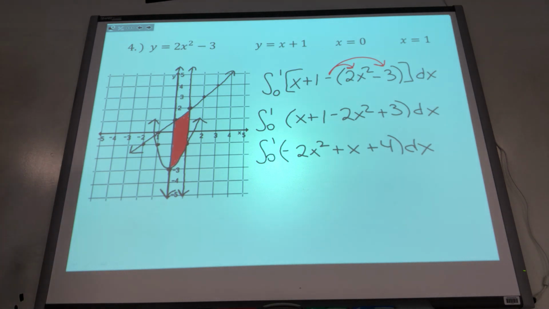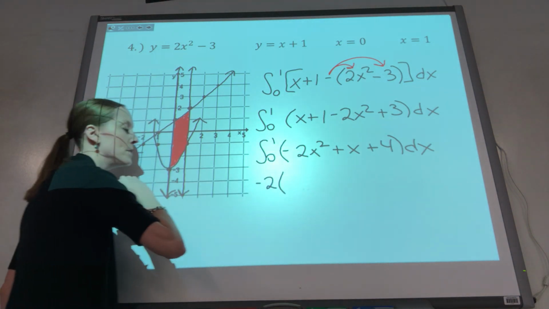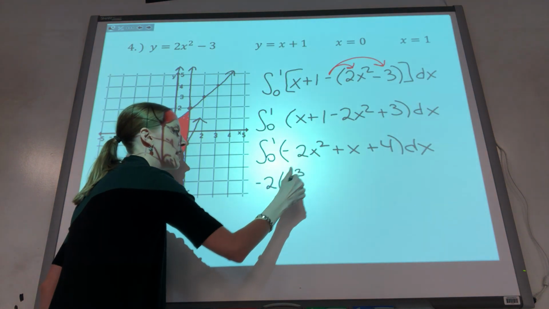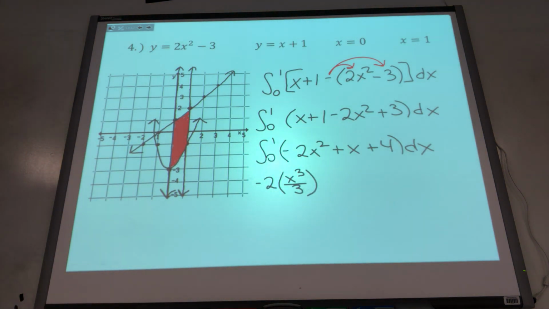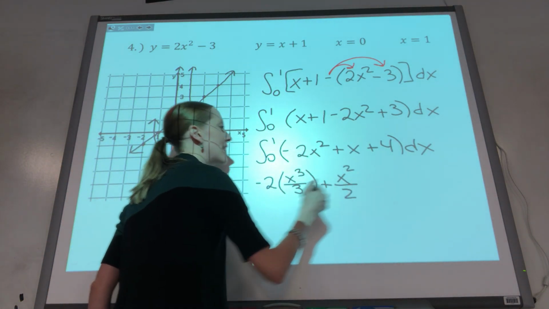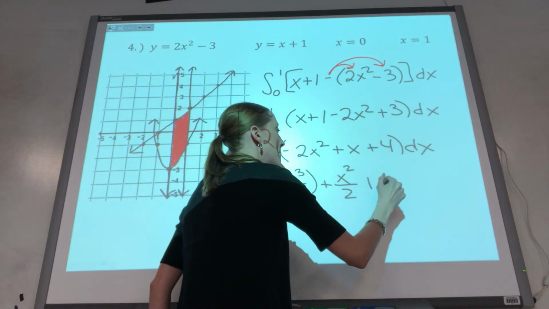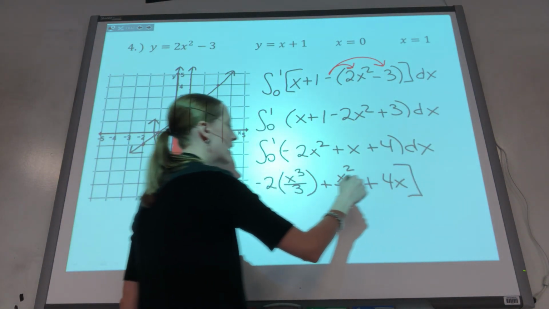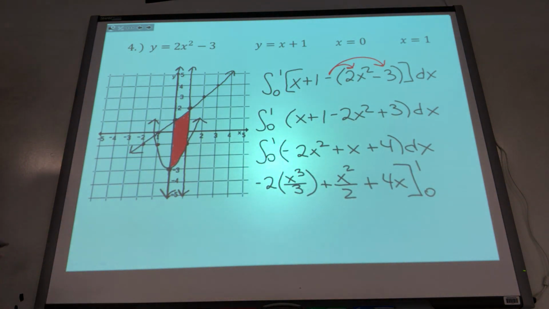Okay, stop me if you have any questions. I'm going to keep on going here. The -2 can stay out front, and then I integrate x squared, which is now x cubed over 3, plus, if I integrate x, it's just x squared over 2, plus integrate 4, and that turns into 4x.